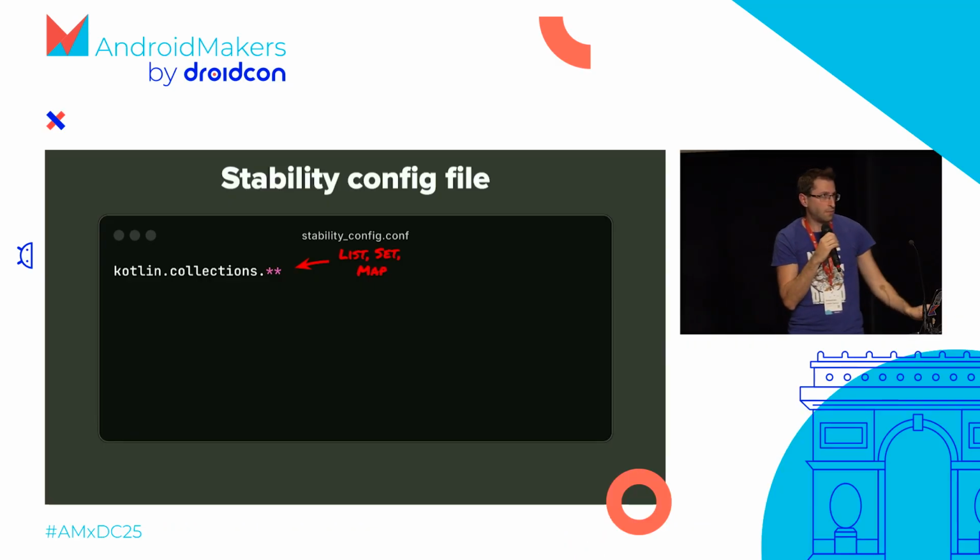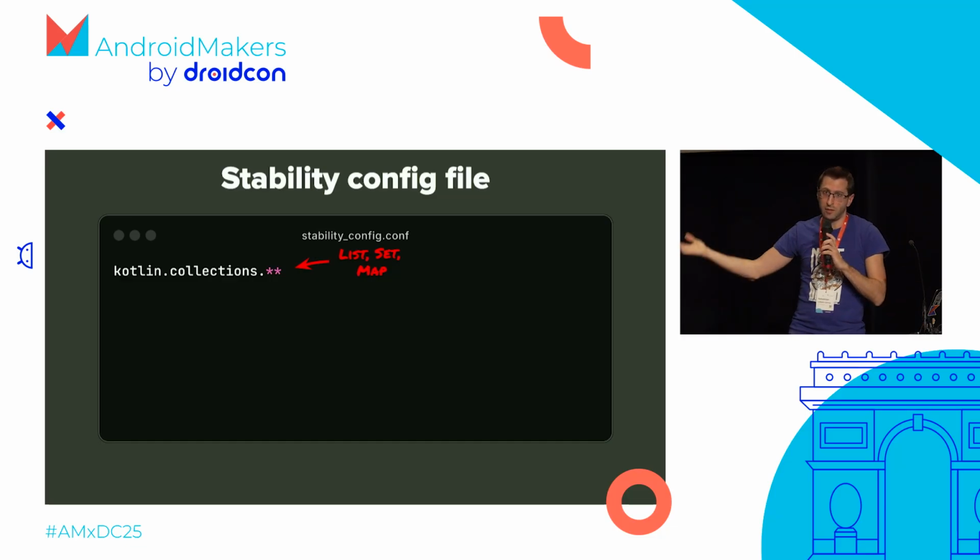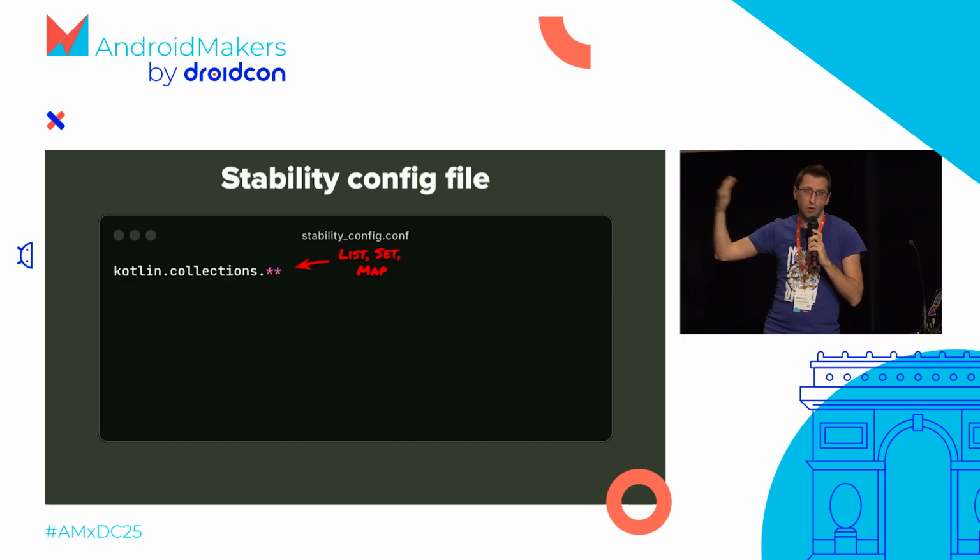The first one is the Kotlin collections, and this is pretty opinionated because, before we actually did this change, it was part of how our data flow and the architecture of our app works. We have a unidirectional data flow app, and whenever we change something, we do copies of things. We don't mutate things on the UI or on the presentation layer and then hope that somebody figures it out.